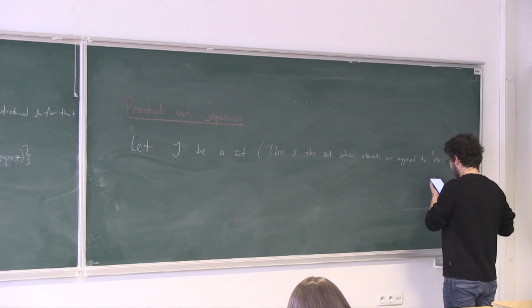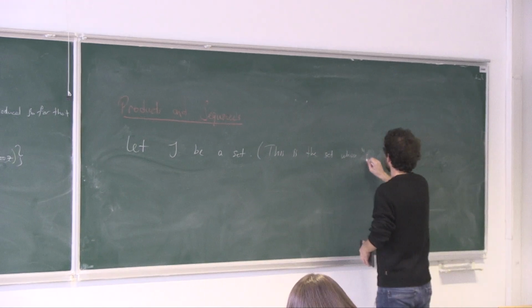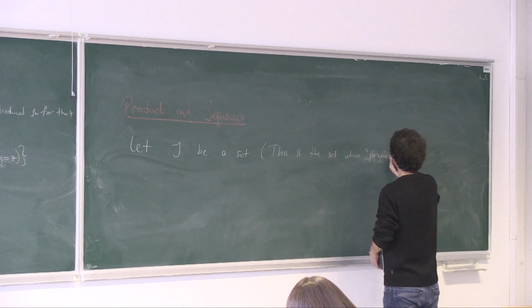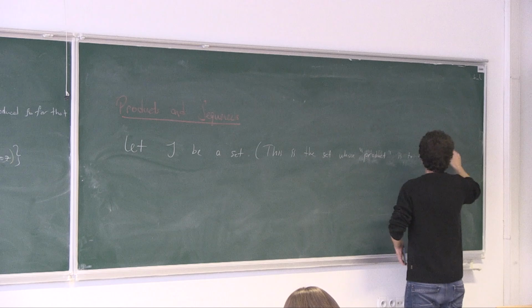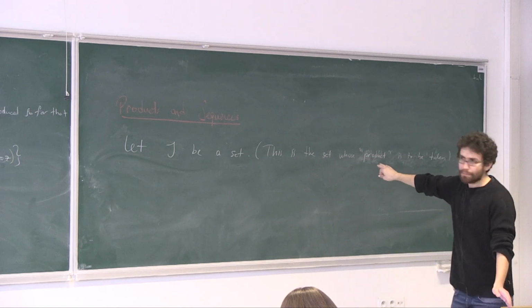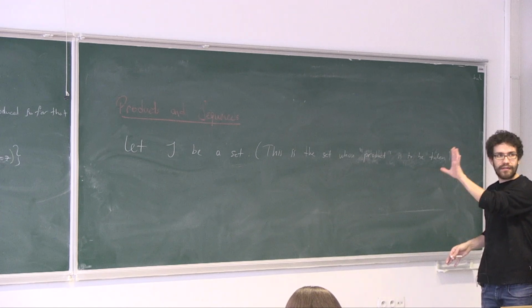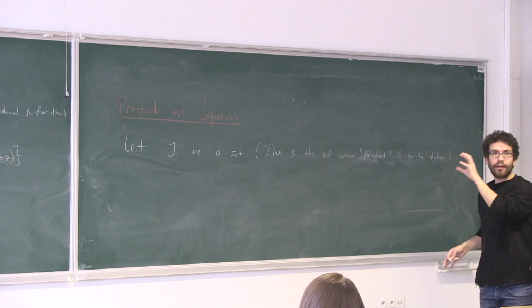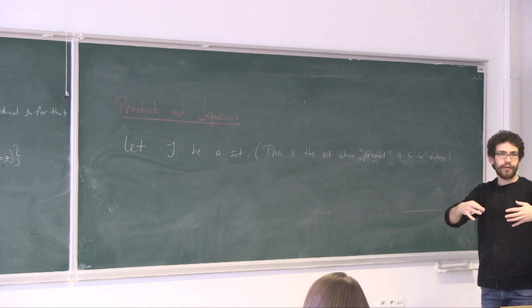Well, I shouldn't really say multiplied. Let's say whose product is to be taken. So you can ignore this parenthetical remark at the moment. I just have a set. The set would be the set which contains all the sets that I'm going to multiply, okay?